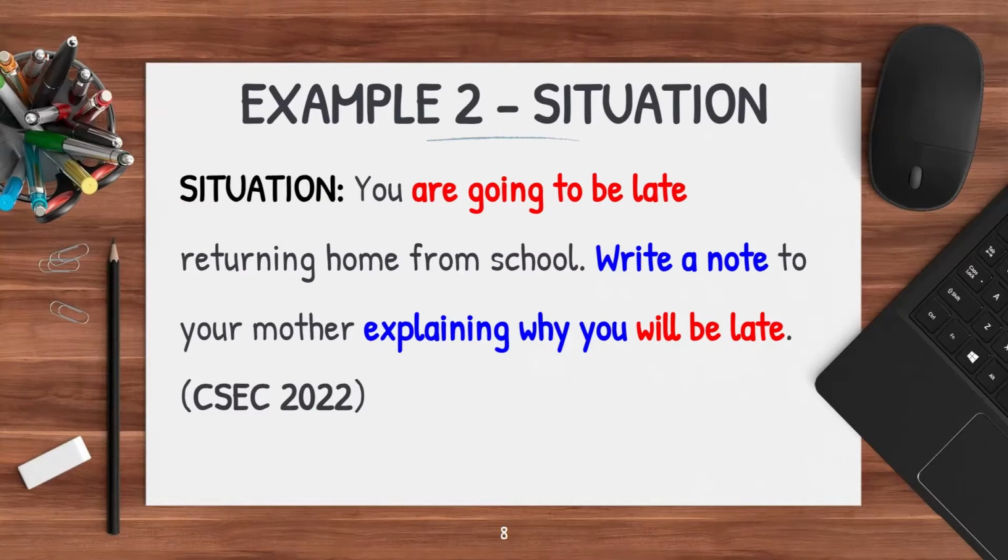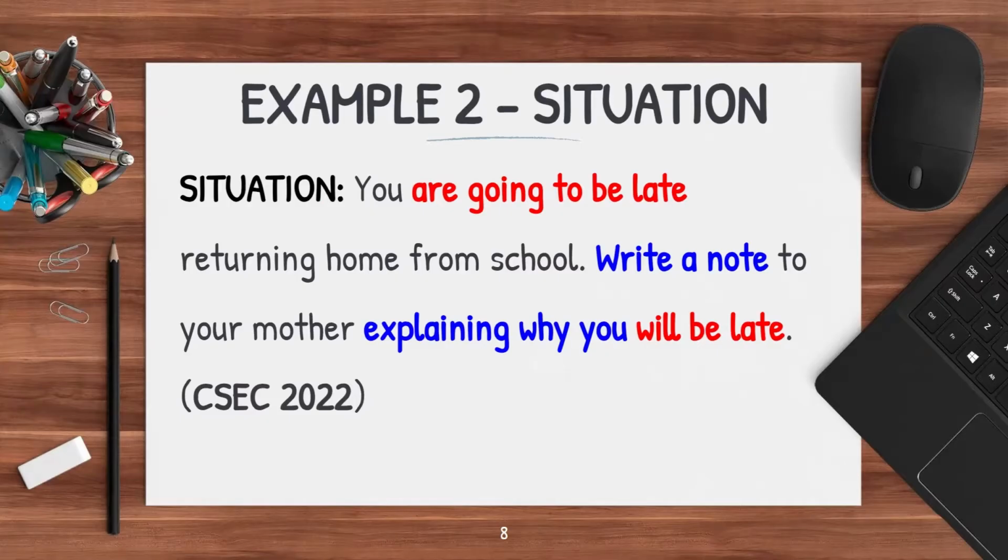So in this situation, it says that you are going to be late from school. So you're going to return home late. And the situation wants us to write a note to your mother explaining why you will be late.